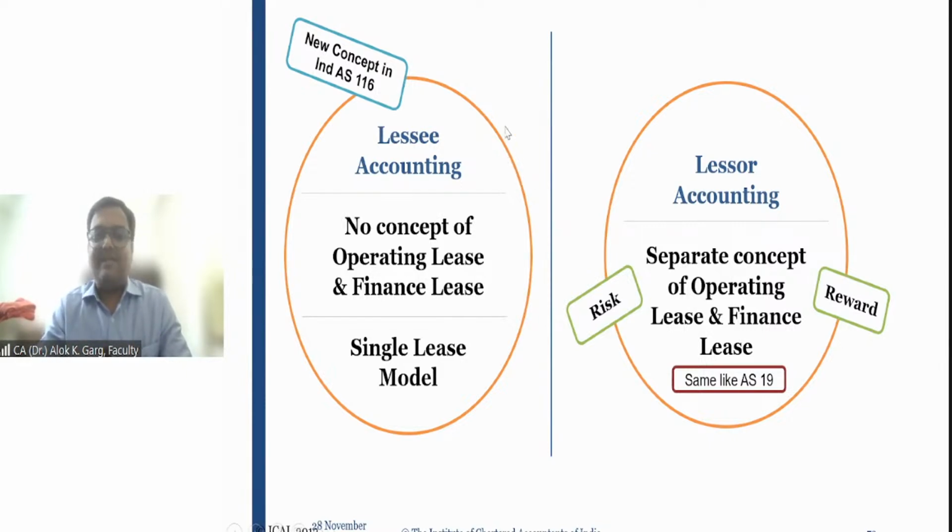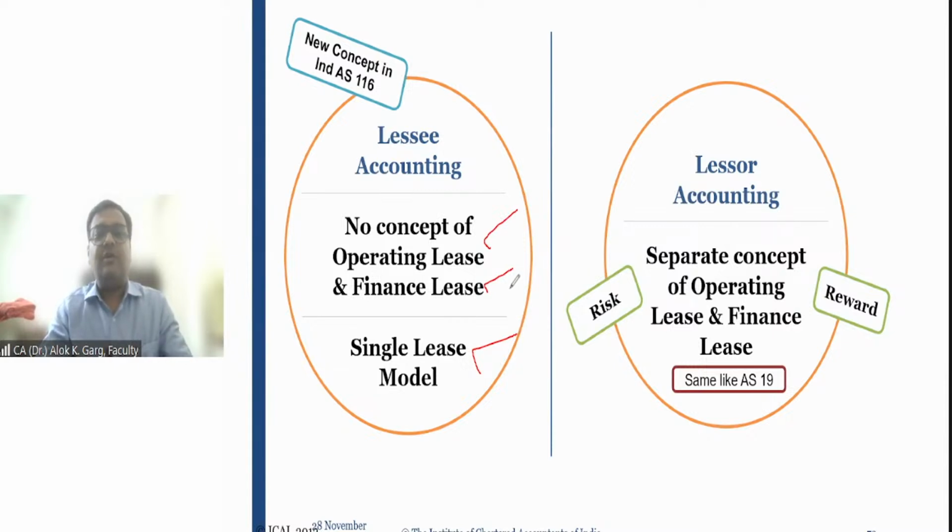In case of lessee accounting, we have discussed there is no concept of operating lease and finance lease. There is only a single lease model where it doesn't matter if you are taking an asset on a lease for 2 years or 20 years, you have to recognize a right of use asset on the basis of present value of future lease rentals.